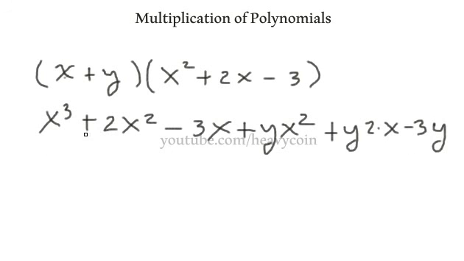Now we want to rewrite this, hopefully we can find some like terms. Let's see if we can do something with this. We have x cubed plus, let's see, we have a 2x squared and no other like terms. We have a minus 3x, and it doesn't look like we have any like terms there either.